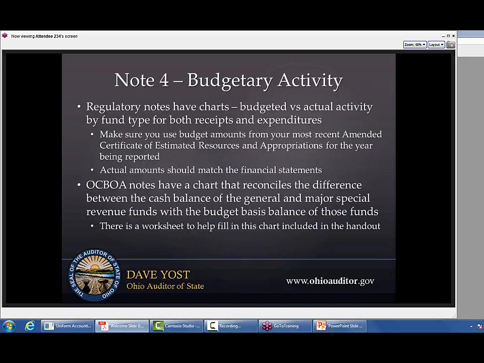For OCBOA, if you do OCBOA statements, you have a chart that reconciles the difference between the cash balance of the general and non-major special revenue funds with the budget basis. So what that does is it says, okay, we're going to take a look at what you've reported in UAN in your financial statements, and we're going to compare that back to what is actually on your budgetary statement. And the things that could be different, you could have things like adjustment for encumbrances.